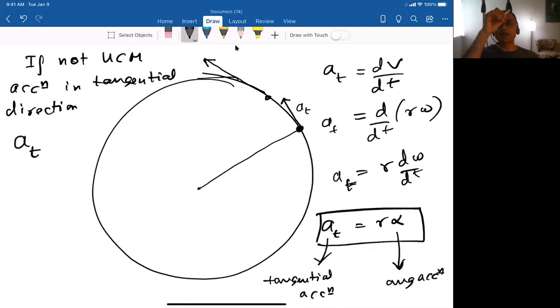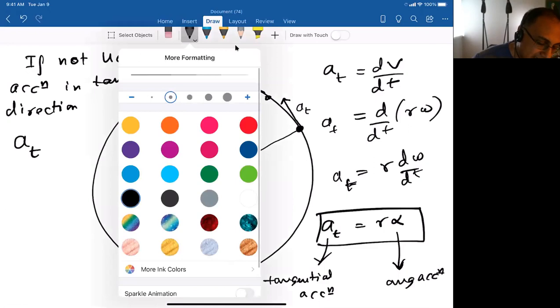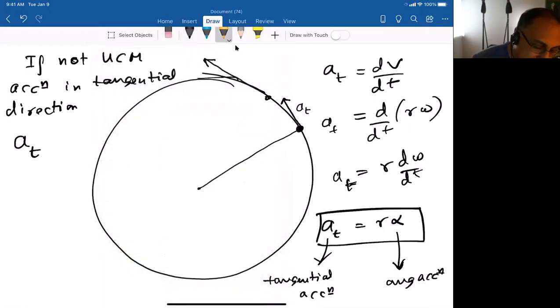Anything that's moving in a circle has to have a centripetal acceleration at all times, right? That's responsible for making it move in a circle in the first place. So in addition to its tangential acceleration, the object also has a centripetal acceleration, a sub c. Its total acceleration has two components, one in the tangential direction and the other in the radially inward direction, a sub t and a sub c.